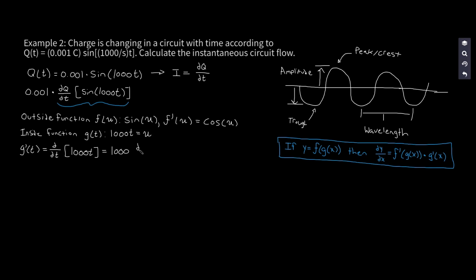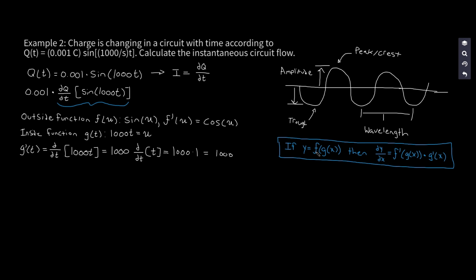Now we're looking at just taking the derivative of t with respect to t, and the derivative of a single variable is just going to be 1. So we end up with 1000 times 1, and that's just going to equal 1000.